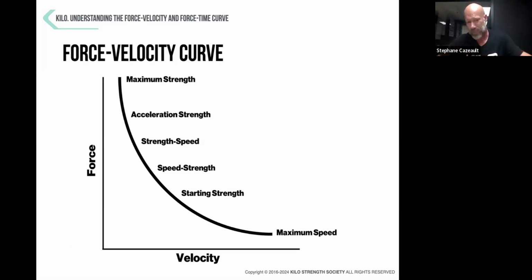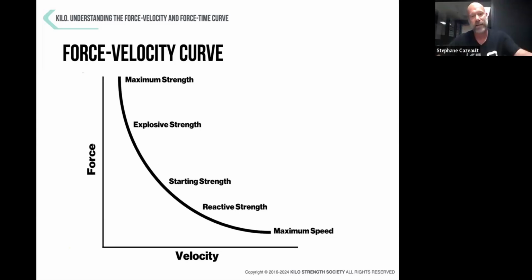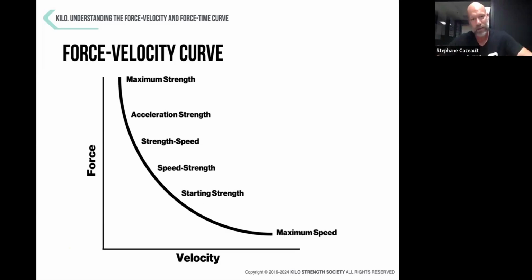So that's why, personally, I prefer sticking to this, as it's a little bit more simple, because at the end of the day, acceleration strength, strength speed, and speed strength are still an expression of explosive power. That doesn't change. There's just going to be this bridge where the momentum buildup of starting strength will be blurred with the acceleration component of higher loads, but it's semantics.